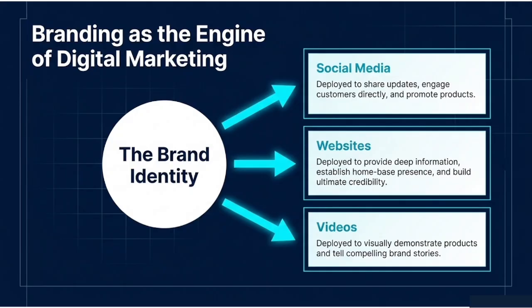Social media can also enable a business to promote its own products. When we think about websites, a business can use a website to provide detailed information about its products and services. A business can also use a website to build credibility. And then a website can also be used by the business to create an official online presence.